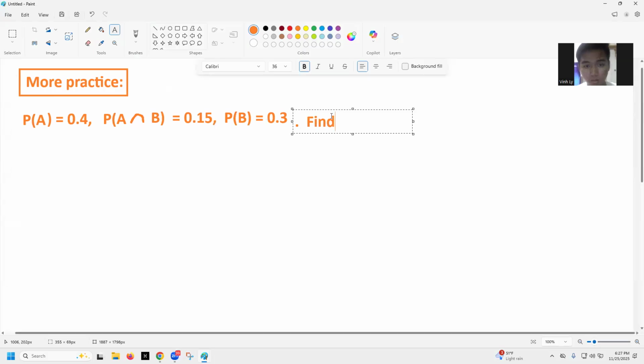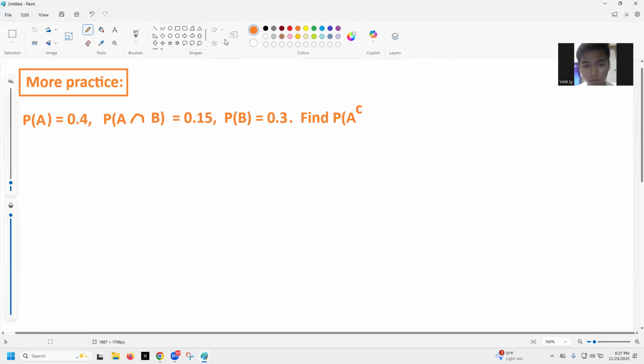What are we trying to find? Let's say we want to find the probability of A^C union B. Let's say intersection would be first, union would be whatever you want, right?